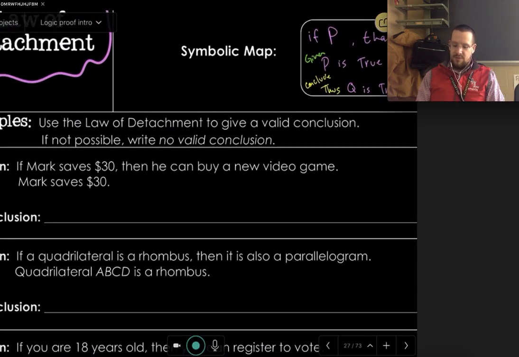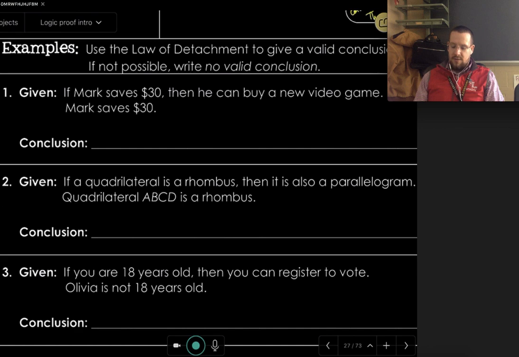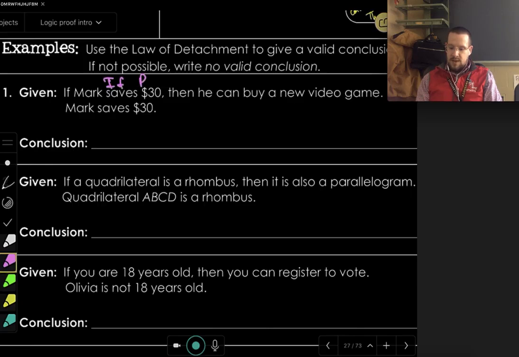Let's take a look at our first example and just try to use some of our skills. It says if Mark saves $30, then he can buy a new video game. So this is if P, then Q. So P happens. Okay, so P is true. Mark saved $30. Now, what can we conclude?